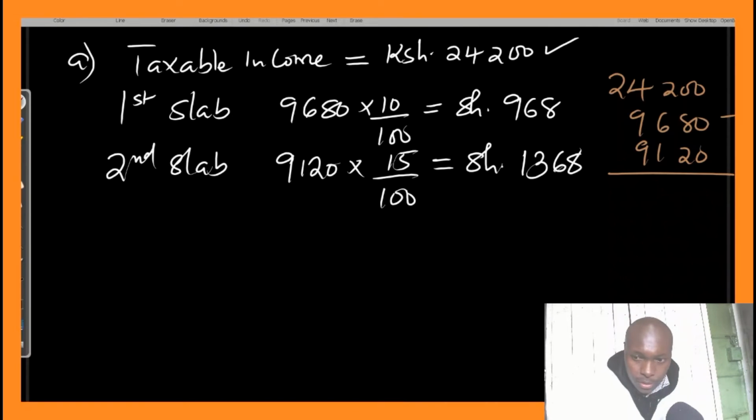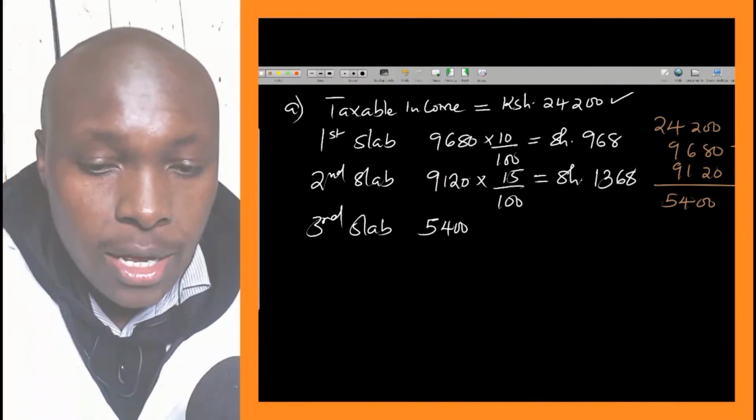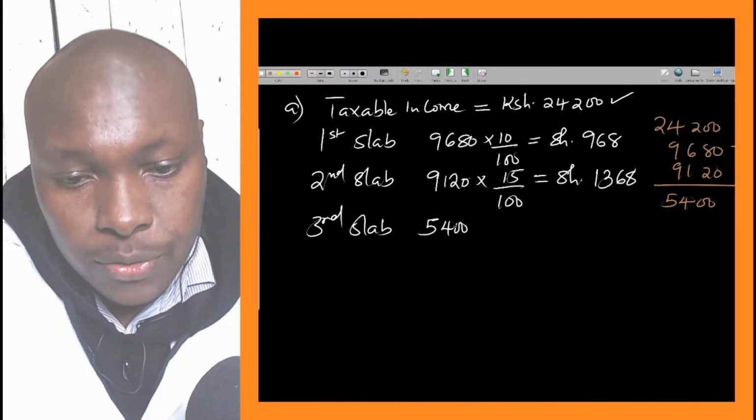So once you do that, you subtract everything here. 24,200 subtract 9,680 subtract 9,120, you realize you get 5,400. So you can see the amount that is remaining is not enough for the full third slab. So in the third slab, not everything will be taxed. The amount that is remaining is 5,400.